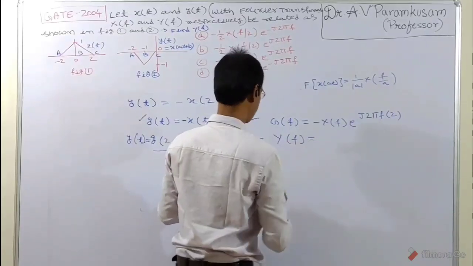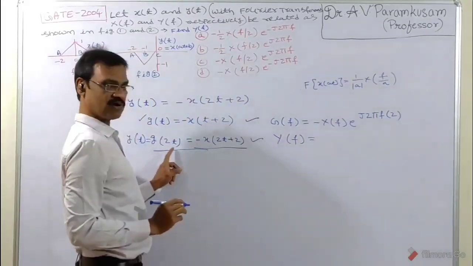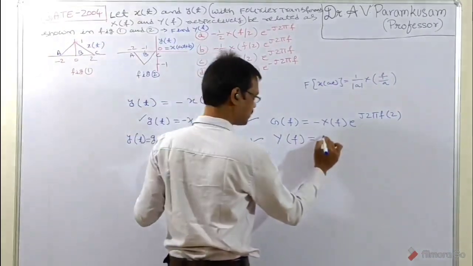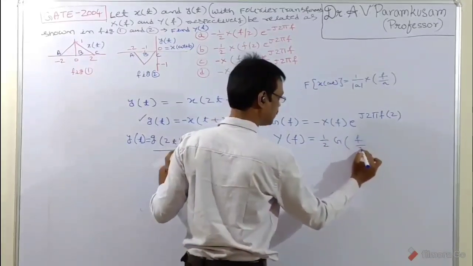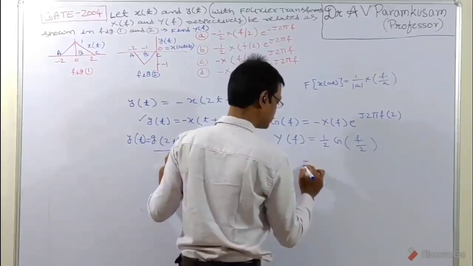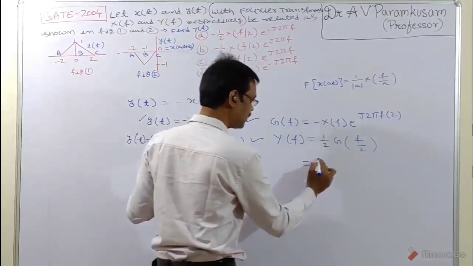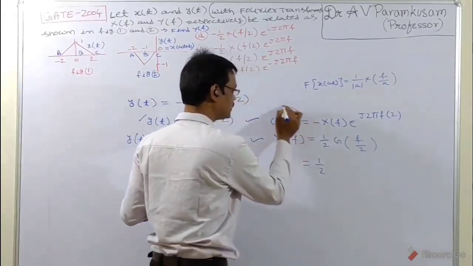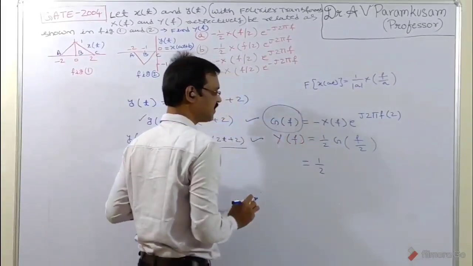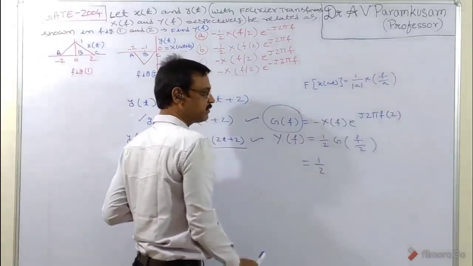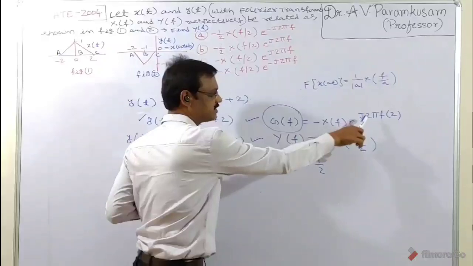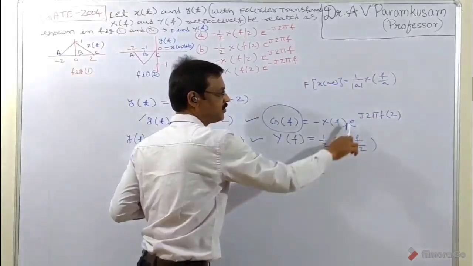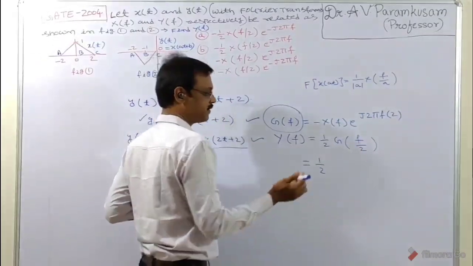So then Y of f is equal to the Fourier transform of g of 2t, which is equal to 1 by 2 G of f by 2. We know G of f. Can you write G of f by 2? Very simple: in place of f, f by 2 is there. On the right side also, wherever f is there, you substitute f by 2.